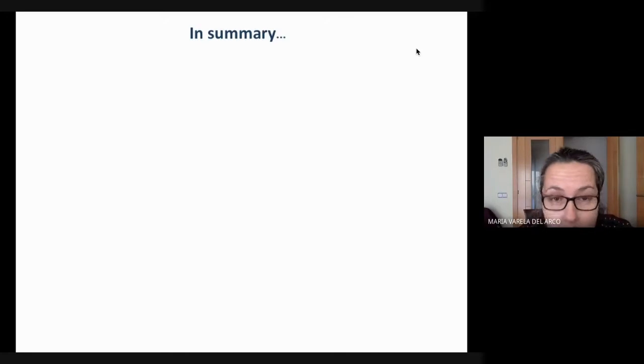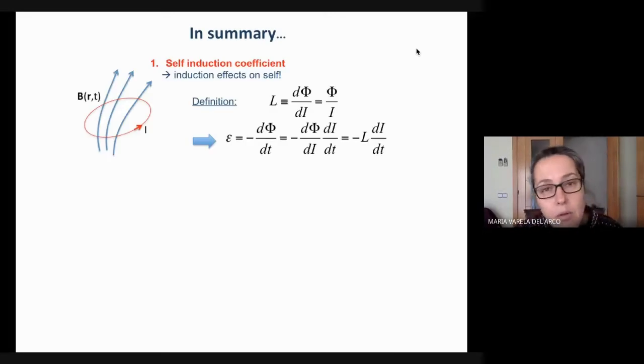Anyway, what did we do yesterday? We talked about mutual induction and self-induction coefficients. In principle, what we said is that as long as in a given electric circuit or loop there is some current circulating that depends on time, and of course there is a magnetic field generated by the circuit that will also depend on time, induction effects can take place on the circuit itself, caused by its own variable magnetic field.